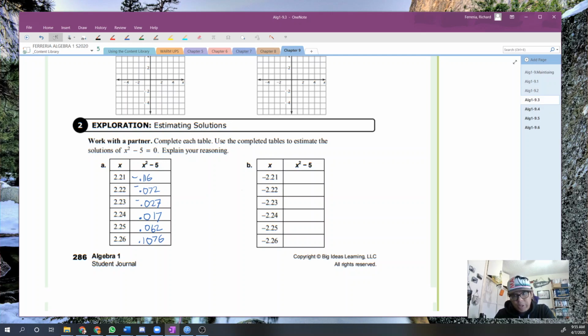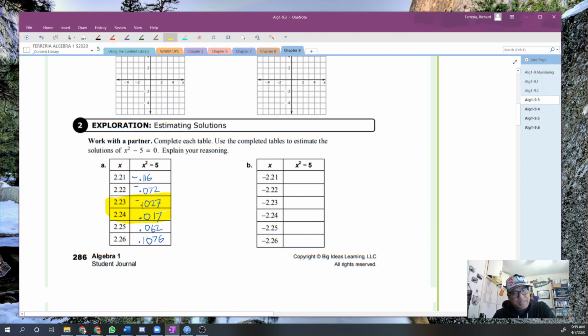I want to point out the really interesting part of this, and that is right here. Somewhere between x equals 2.23 and x equals 2.24, the sign of x squared minus 5 changes from negative to positive.